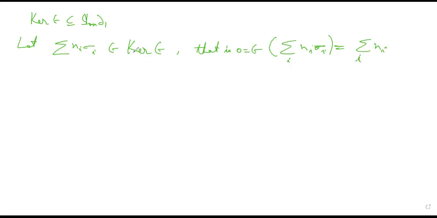So this is in the kernel, which means epsilon applied over this is 0, but by the definition of epsilon, it is this.